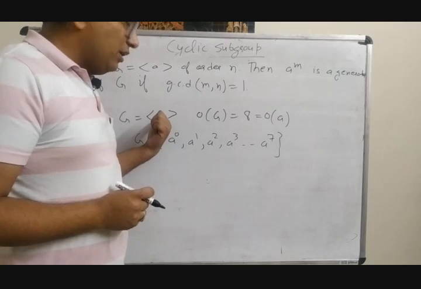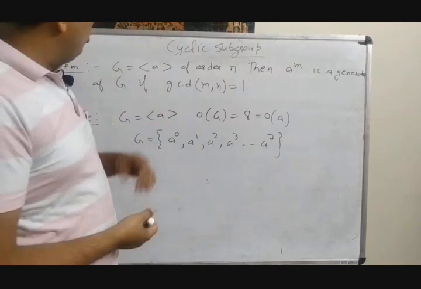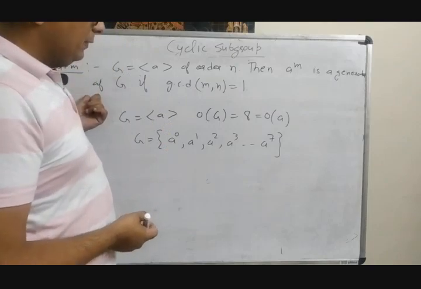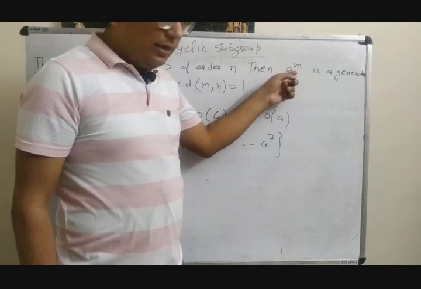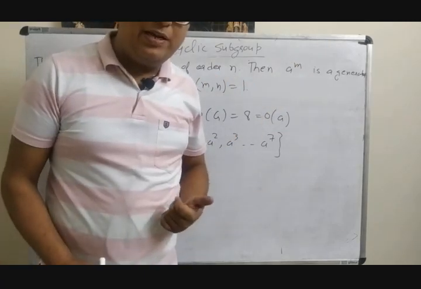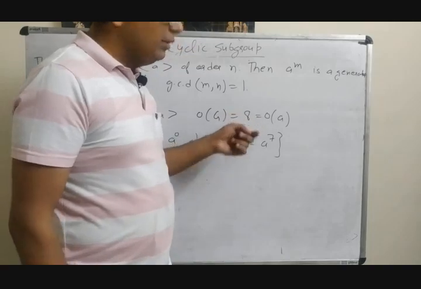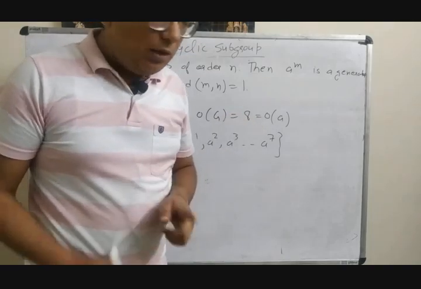So now we know only one generator, that is A. What are the other generators of this? By using this particular result, A raised to power m is a generator if m and n are co-prime, their greatest common divisor is equal to 1. So here the order is 8.